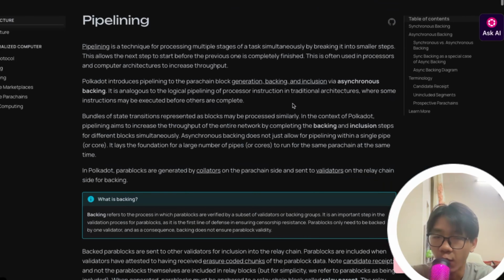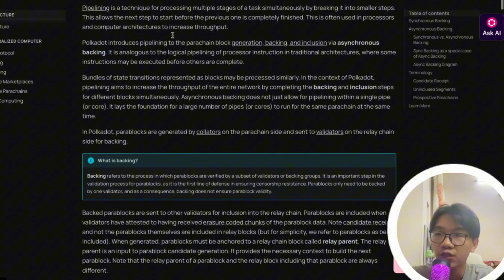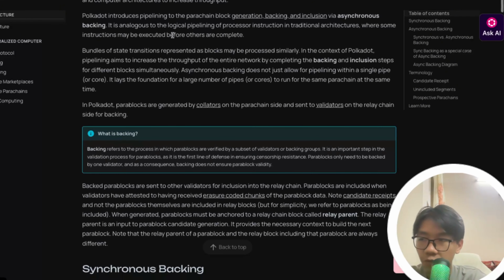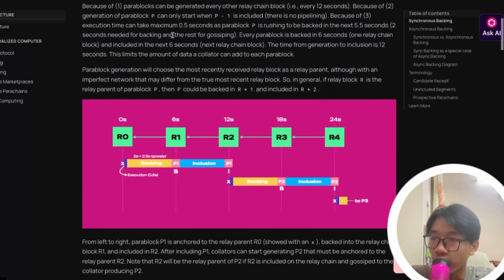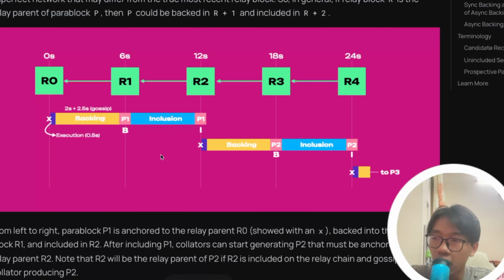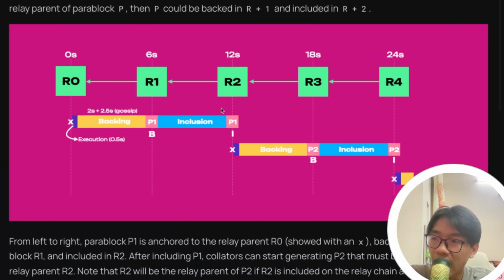And to understand it in a better way, if you're interested, you can visit the pipelining documentation, where you can find the technique that Polkadot is using here. It's quite similar to a CPU, and if you scroll down, it describes asynchronous backing. Before, a parachain block needed to go through two stages, backing and inclusion, to be added to the global history of the relay chain, and only after the inclusion would the backing happen for the next block.